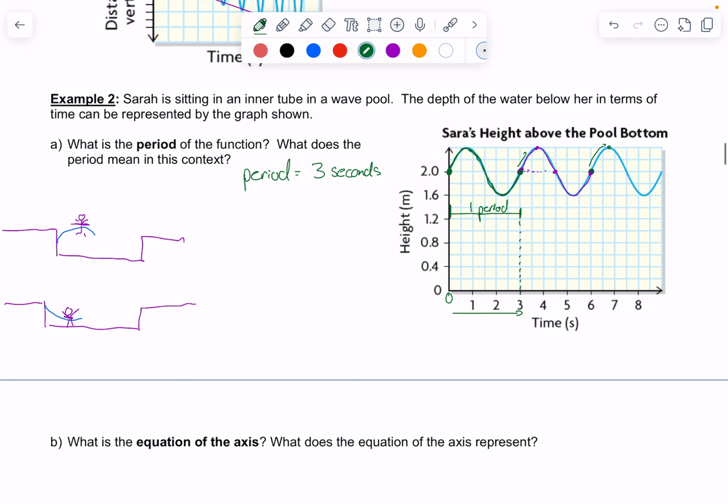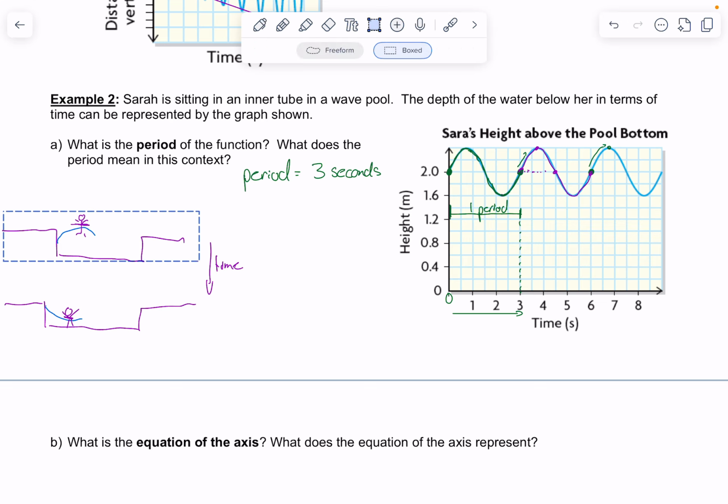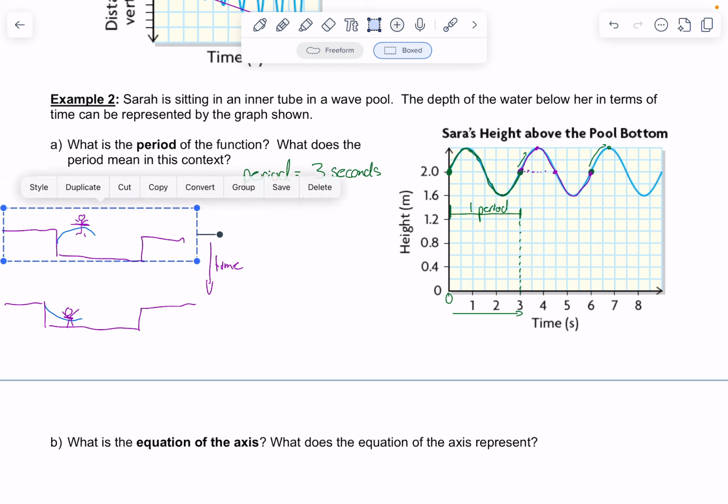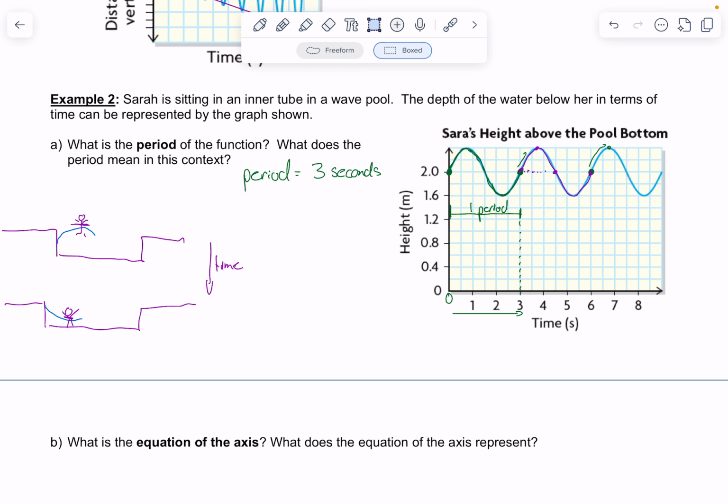And what does this mean in the context? Well, what it means is that it takes her 3 seconds. So let's use my picture here, right? Time is ticking along here. Time is going forward. But then you'd have one more scenario. Let me just copy what I have here, make my life easy. Paste it.